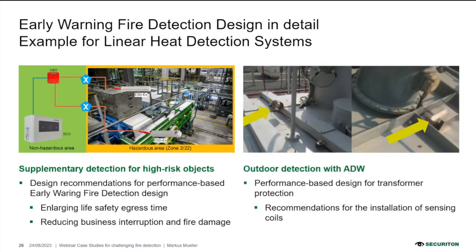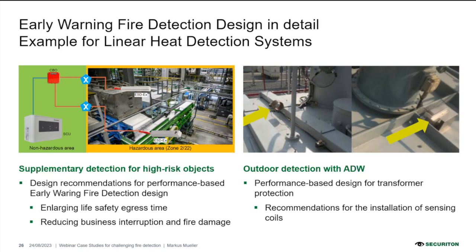And we go beyond, with here as an example, outdoor detection with an ADW for transformers. The protection of transformers is not standardized. There's no code, so we give you recommendations for the installation, for example, of the sensing coils. Now, this here, for example, is an outdoor application.